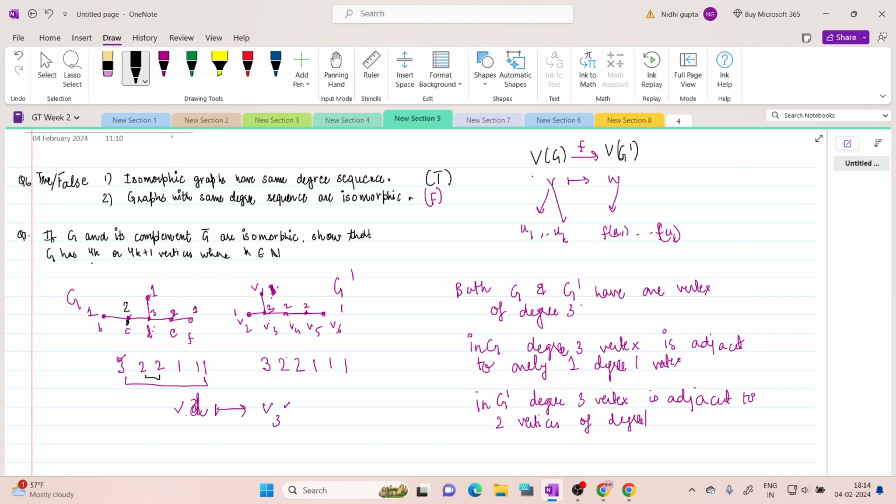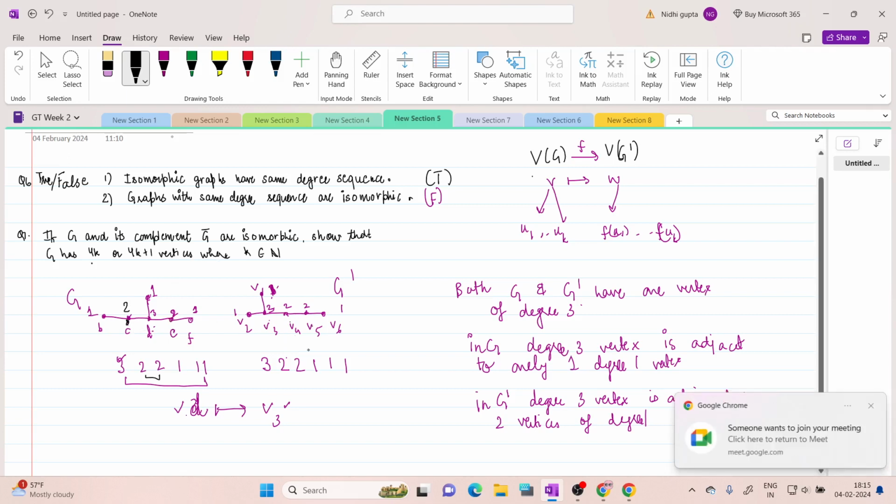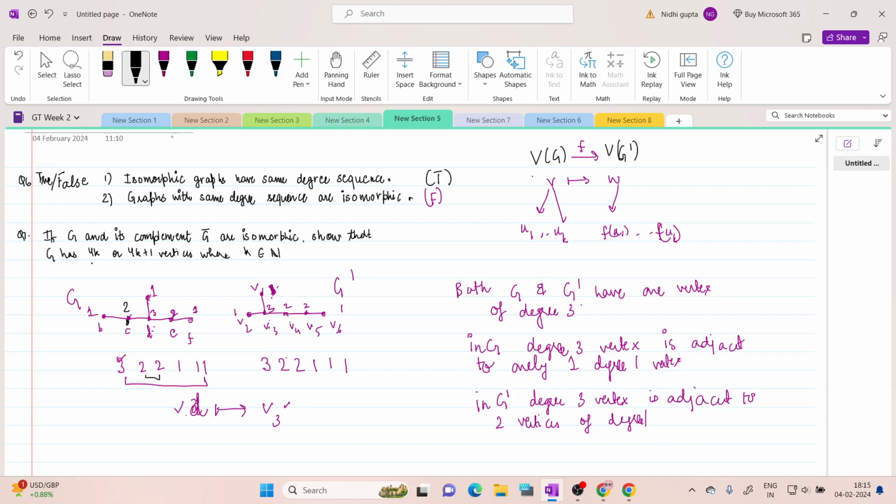But in this case, C and E are not adjacent, but V4 and V5 are adjacent. So if you have to show it is not an isomorphism, you have to look at their degrees closely and find some contradiction. And if there are paths and all, we'll look at more examples and see what other reasons we can find.